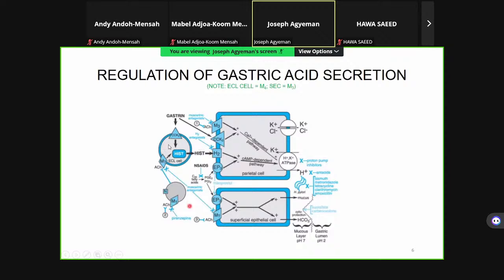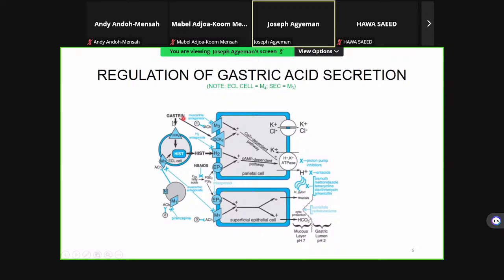So this is representing neuronal input stimulating possibly a certain receptor called muscarinic subtype 4 on the ECL that can cause histamine secretion and what have you. But the three main areas of interest are the ECL, the parietal cell, and the superficial epithelial cells. Now, we said gastrin could be secreted from, say, the G cells.